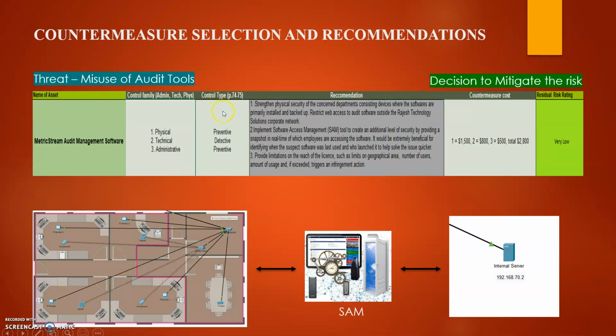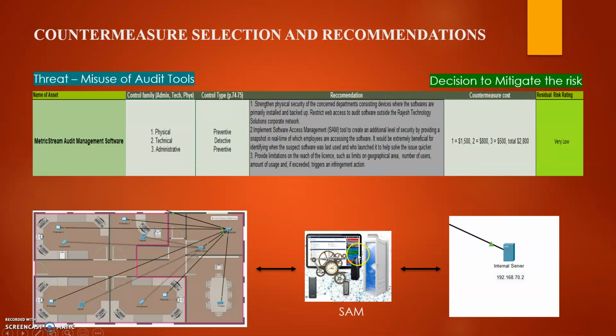The control family and control type can be seen in the table itself. We have decided to mitigate the risk of misuse of audit tools for this particular software. We have recommended to strengthen the physical security of the concerned departments consisting of the devices where the software is primarily installed.